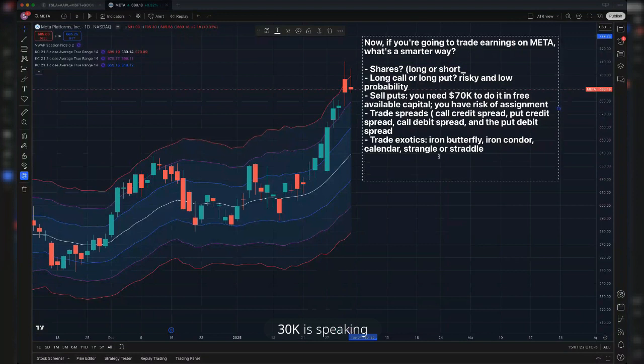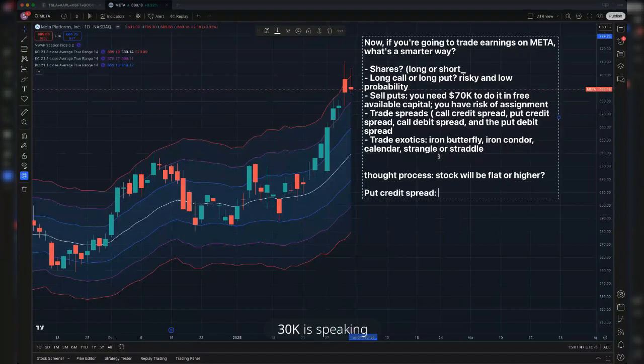Okay, now, if you want to trade earnings as a binary event, and let's say your thought process is the stock is going to be flat or higher, what would you do? You would probably do a put credit spread.